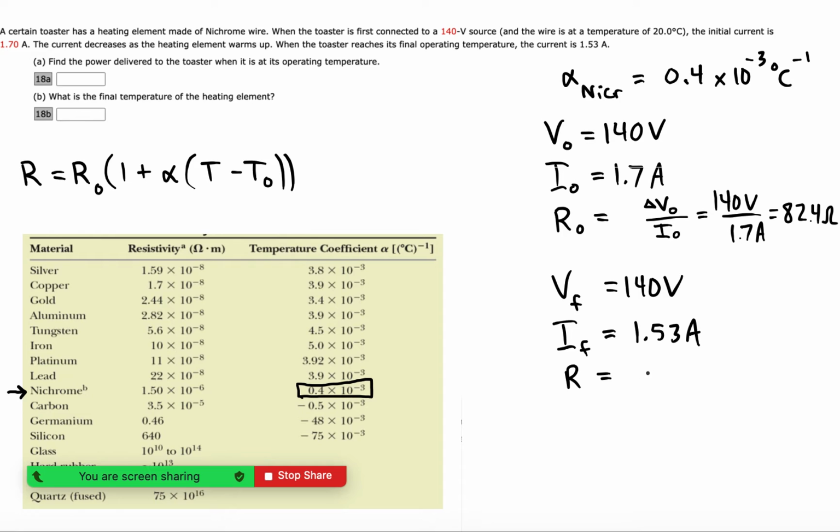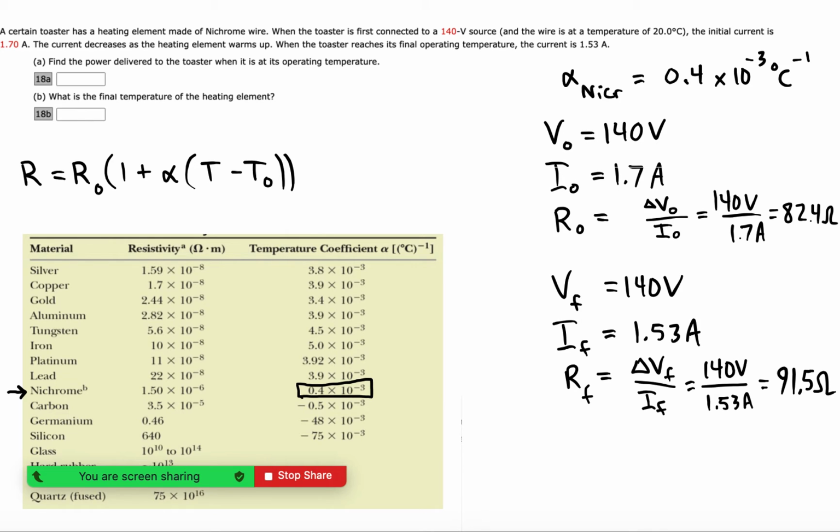So what I'm going to do is use the final voltage and the final current. Use Ohm's law. So 140 volts over 1.53 amps. 91.5 ohms. So it did go up as expected.